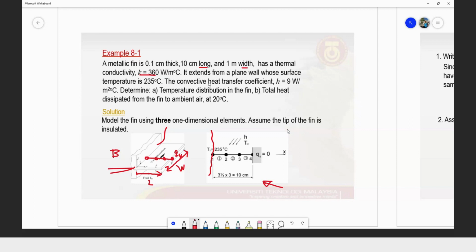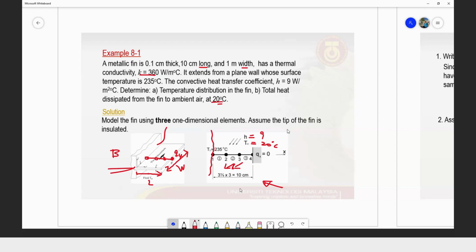Then the convection heat transfer coefficient is given as 9 watts per area per degree Celsius with T ambient of 20 degrees Celsius. So H equals 9, T equals 20 degrees Celsius. The convection occurs on both sides; for a fin it will happen on both sides.